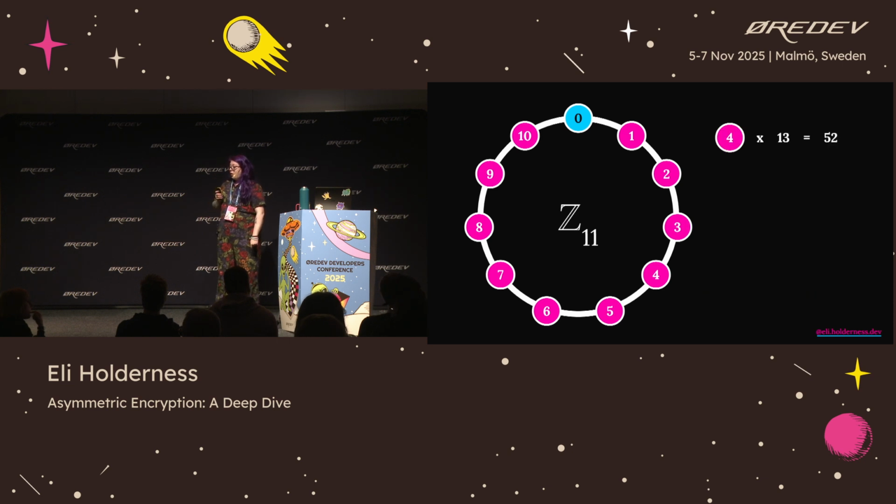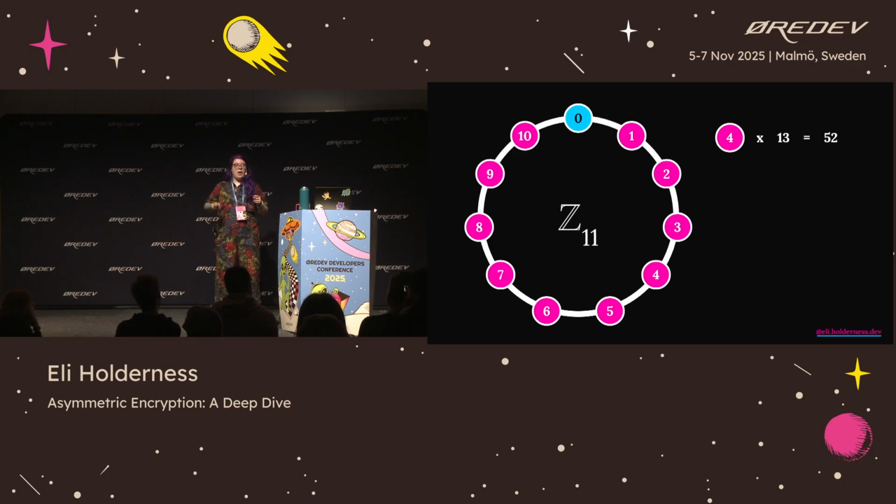So one thing we can do with a group is, we've said we've got addition here as our operation. What if I wanted to add 4 to itself 13 times? Well, we have shorthand for that. We have notation for that. We call it multiplication. In this case, it works very similarly to what we expect, but there's a bit of subtlety here that I want to point out. The 13 that we're multiplying by here is not actually in the number wheel, right?